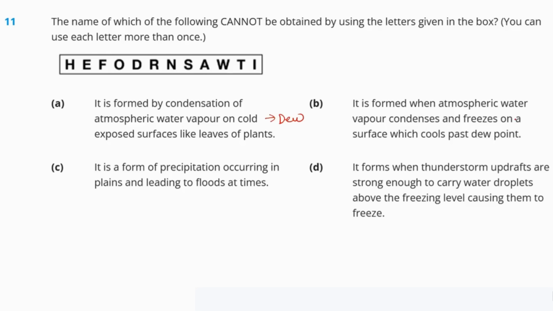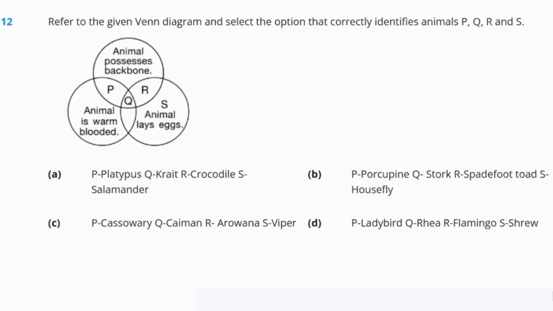It would be frost. We should know all this, right? It is a form of precipitation occurring in plains and leading to floods, rain, correct? It is formed when thunderstorm updrafts are strong enough to carry water droplets above the freezing level, causing them to freeze. This is hail. And which one I don't find here? Hail I don't find here if I unscramble or make the spellings out of it.